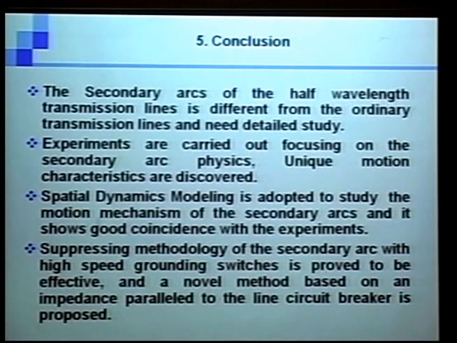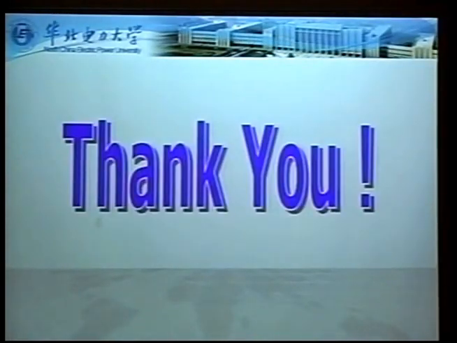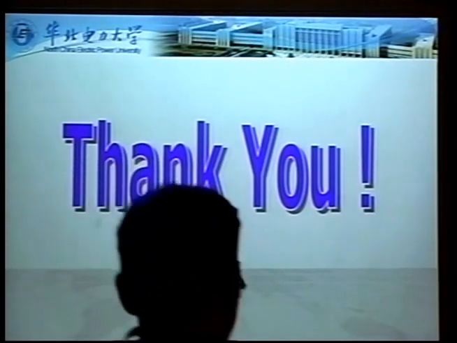Now my students are working on developing a 3D modeling of the arcs. Some suppressing methodologies for the secondary arc with high-speed grounding switches are proved to be effective, and a novel method based on impedance parallel to the line circuit breaker is proposed. That's all for my presentation. Thank you very much.